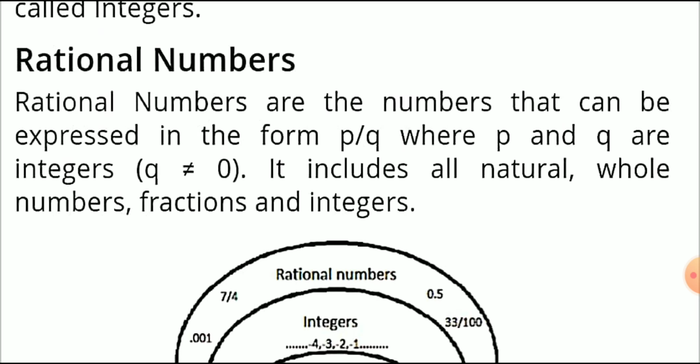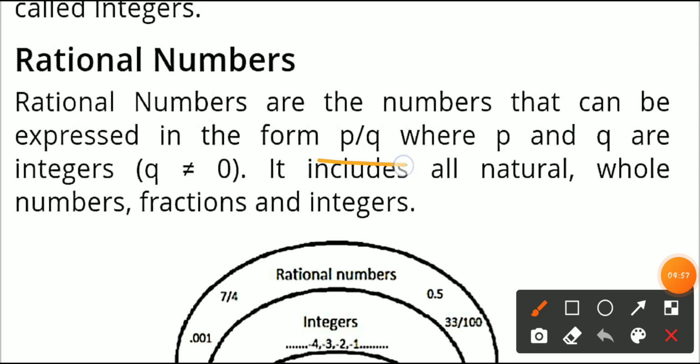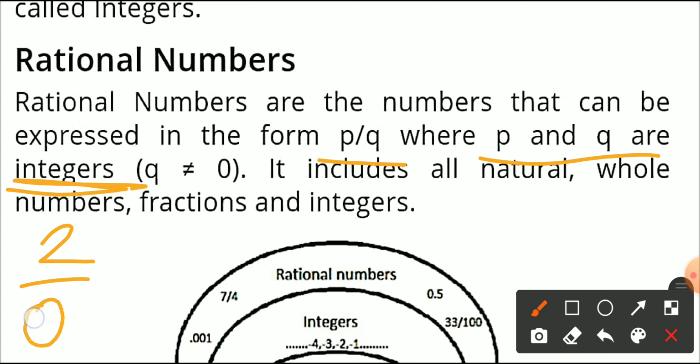Rational numbers are the numbers that can be expressed in the form of p upon q, where p and q are integers. Which kind of numbers? Integers. And q is not equal to 0. Okay, what does it mean? In the denominator of the fraction we will never have 0.